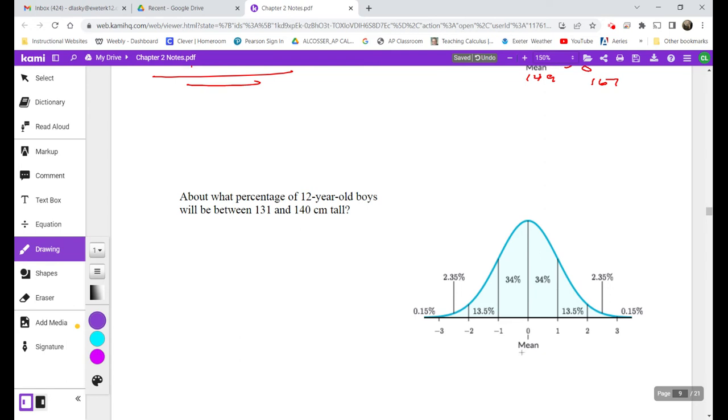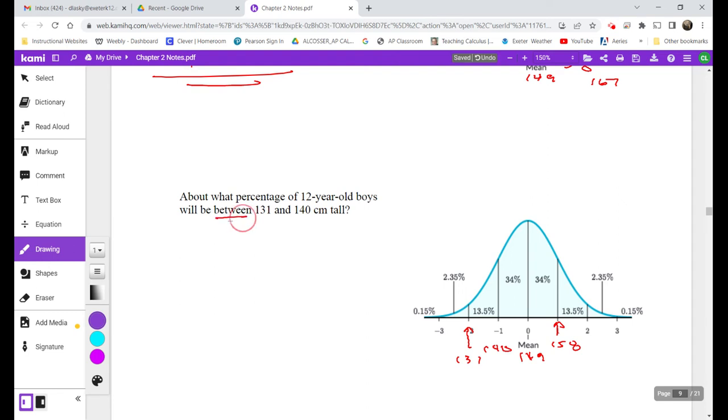So let's rewrite this. We got to have 149. You got to label these bad boys. And then we're going to subtract 9 this way, which is going to be 140. We're going to add 9, which is 158. We need 131, so let's go one more. So we're going to subtract 9 more, which gives us 131. So this is 131, and this one here is 158.